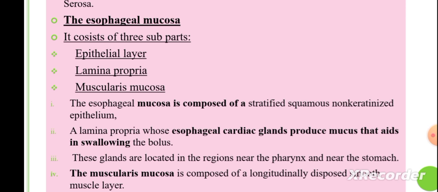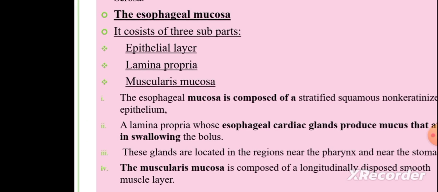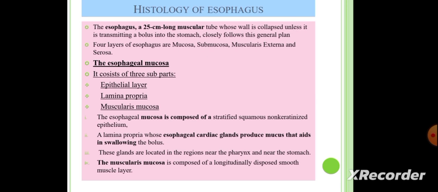The bite of food that you have taken should pass easily from the mouth to the stomach without any friction. So there is a production of mucus which keeps the surface of this esophageal tube very moist, so that the bolus will be easily passed down to the stomach. Then the final third layer of the esophageal mucosa is the muscularis mucosa, which is very simple. It consists of smooth muscles. Just remember that muscularis mucosa consists of smooth muscles.